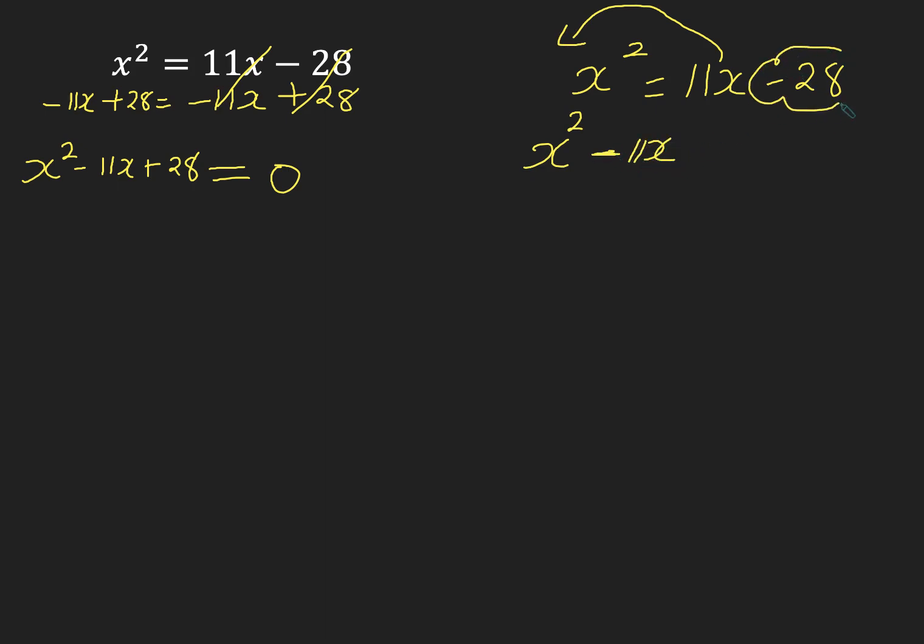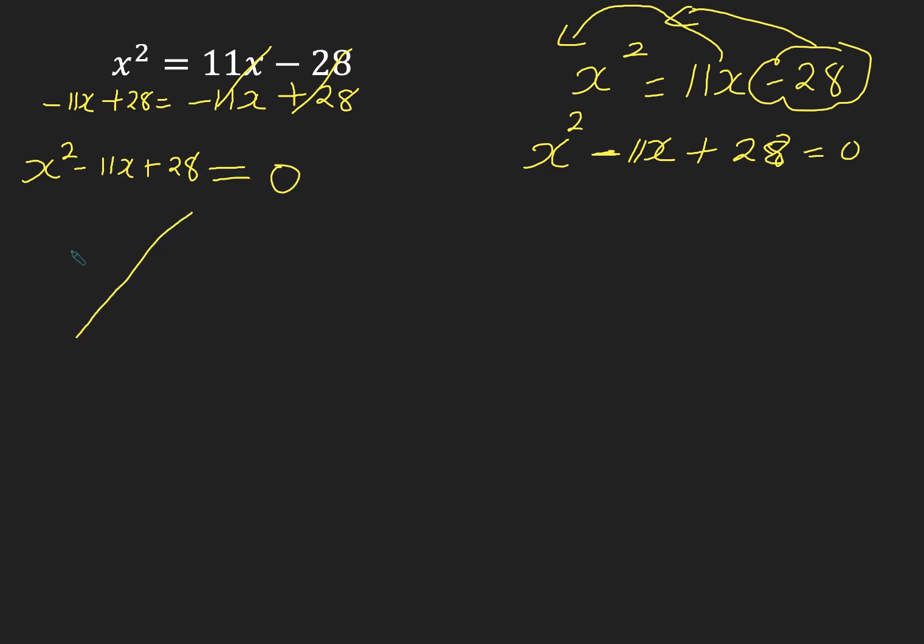And then when I take the negative 28 over the equal sign, it will become a positive 28 equals to 0. Think of it as moving to another country. You're going to have to conform to their rules and regulations. So you can't be your same self. You have to conform. Now we get x squared minus 11x plus 28 equals to 0.